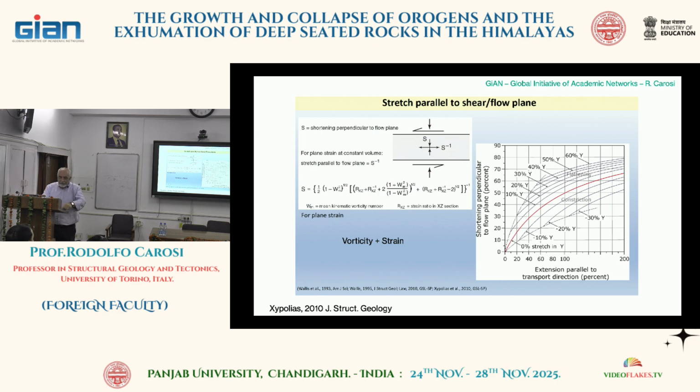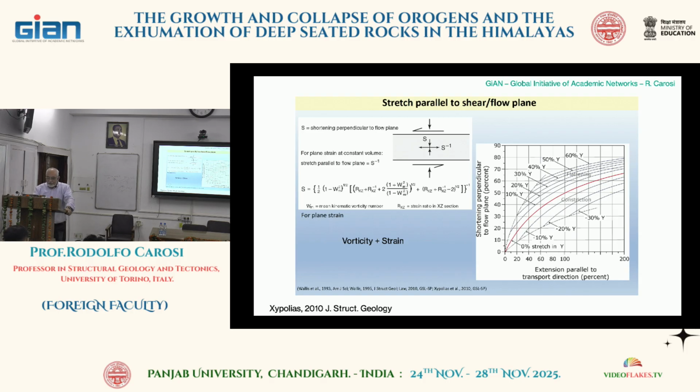You remember the cake effect, like a toast with marmalade inside or jam inside. You shorten and the marmalade goes away. In this way, you calculate exactly how much material could be put in elongation along the shear zone.